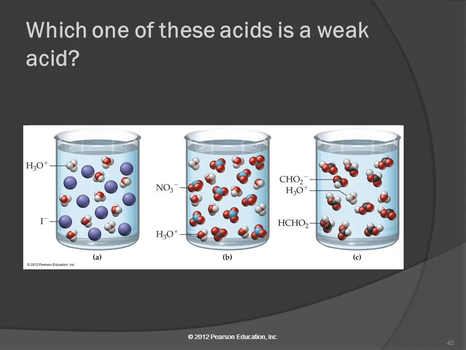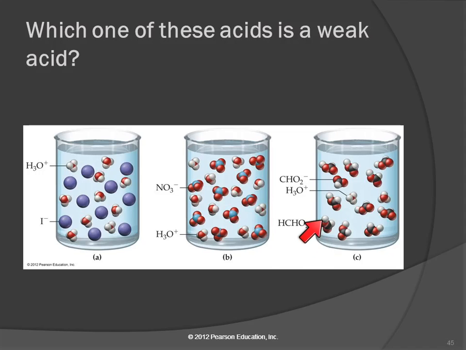For it to be a weak acid, there would have to be three different kinds of little structures there. So it looks like there's only two different kinds here, right? So that's going to be a strong acid also. And then over here we've got hydronium ions, and we've got formate ions, and we've got formic acid molecules.